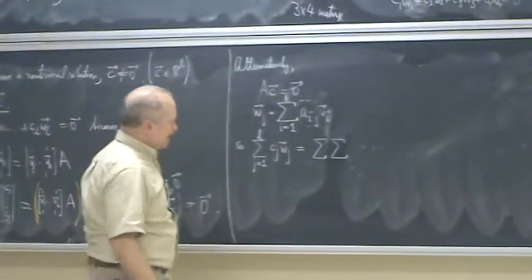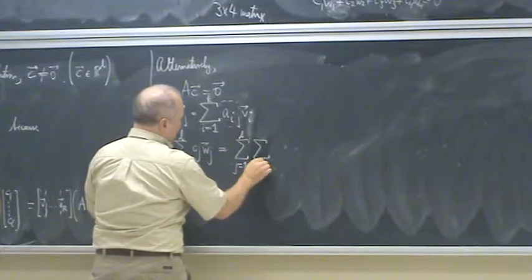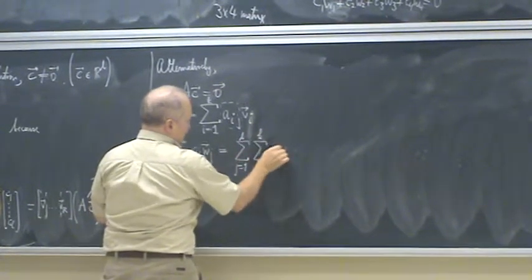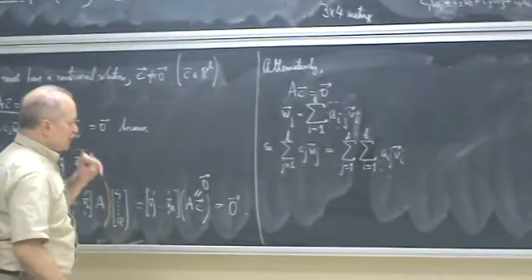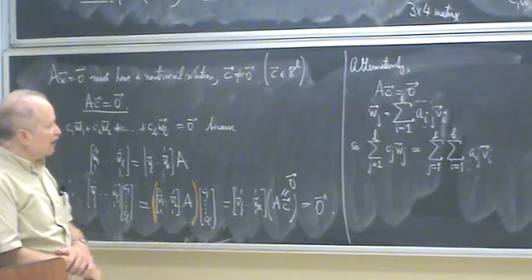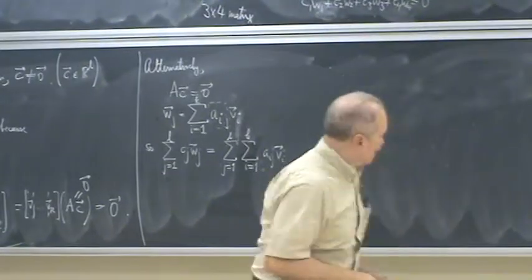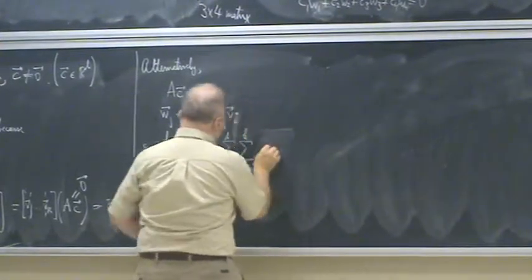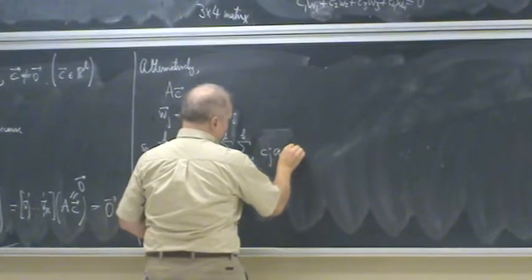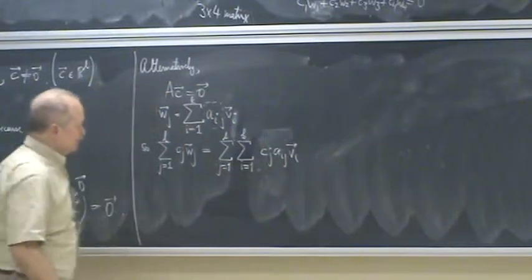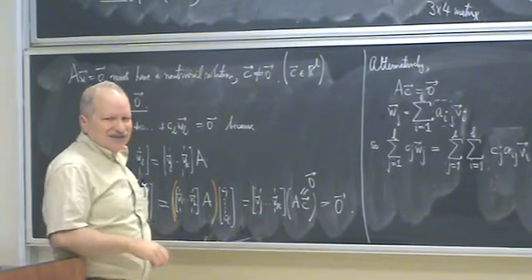You're going to have a sum on J and then a sum on I, or the other way, of this stuff: CJ, AIJ, VI. It's a lot. So that looks scary.